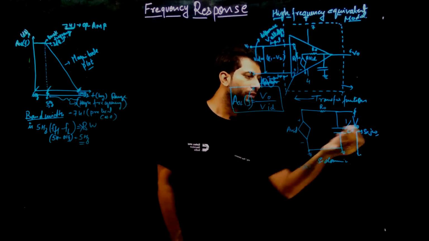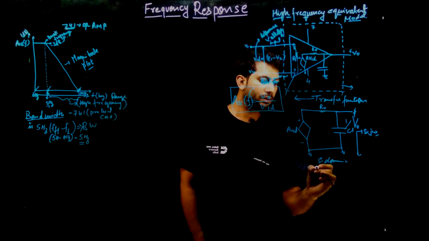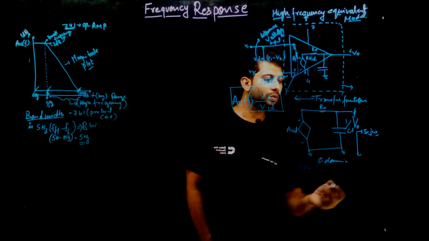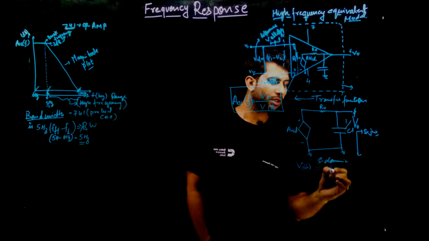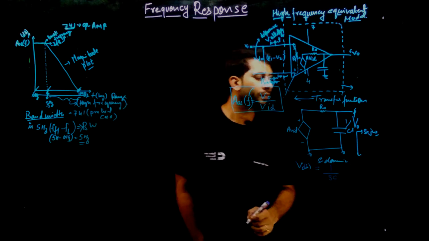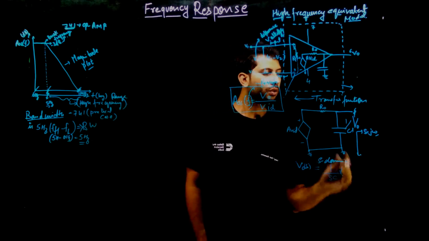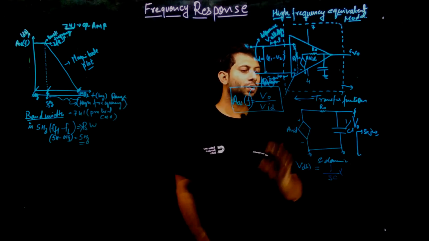In the S domain, you can take V out with suffix S is equal to what? This is a capacitance. Now it is behaving as a reactance. That means 1 over SC, multiplied by the total voltage across this system. Let it be this voltage.